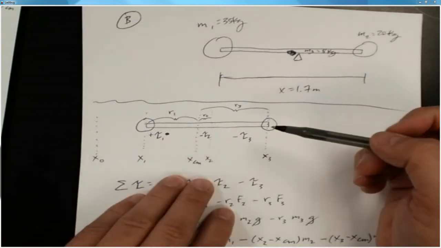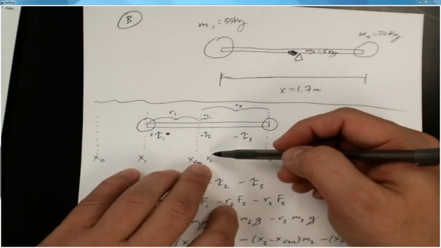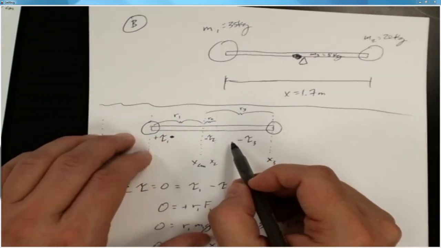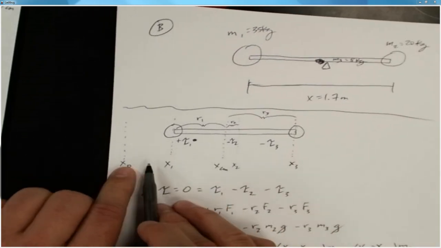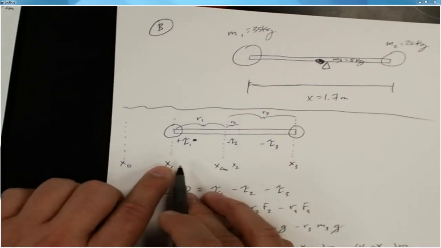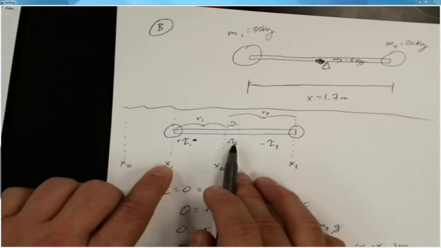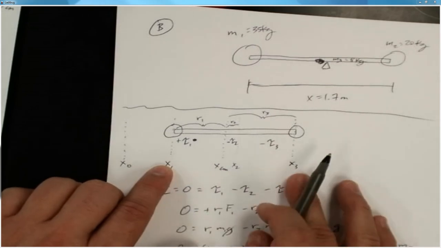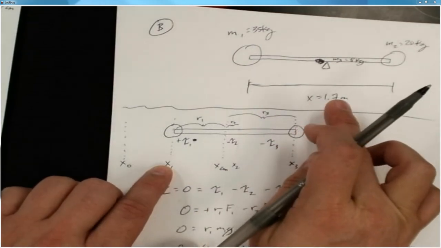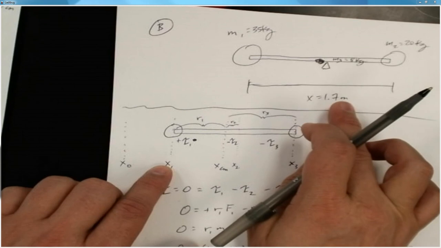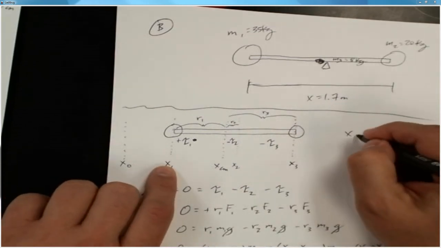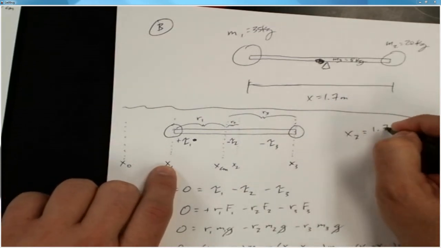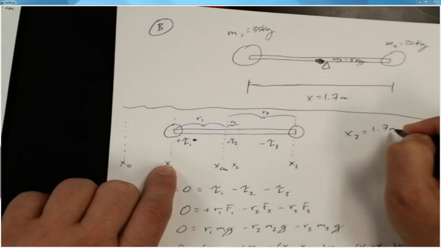Oh, wait a second. No. If I shifted the origin to x1, then x2 should be right in the middle of my barbell. So x2 should be half of 1.7. x2 should be 1.7 meters divided by 2.